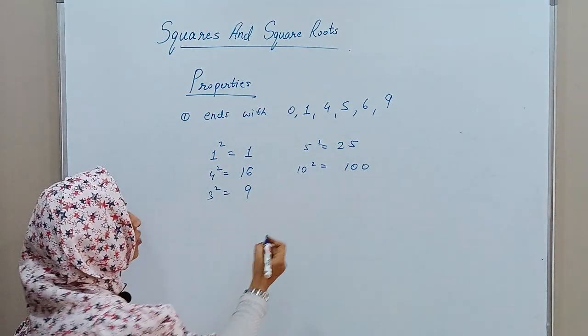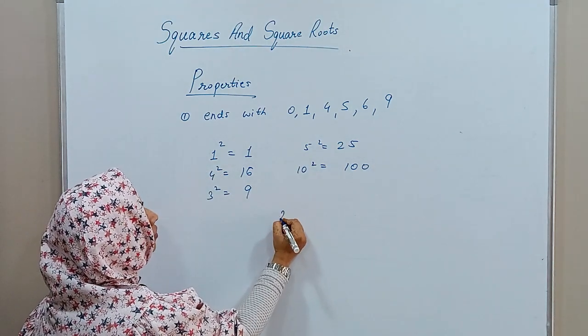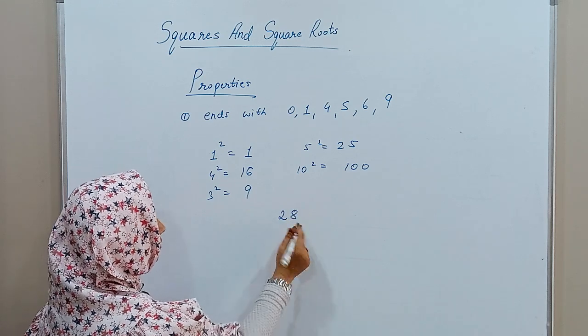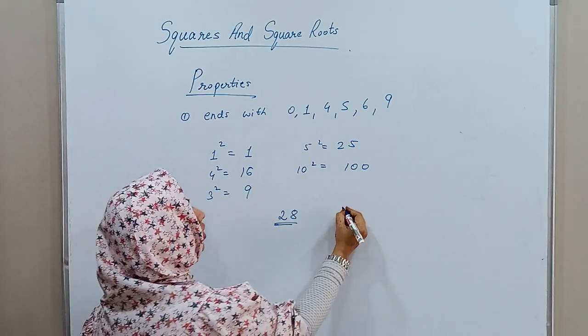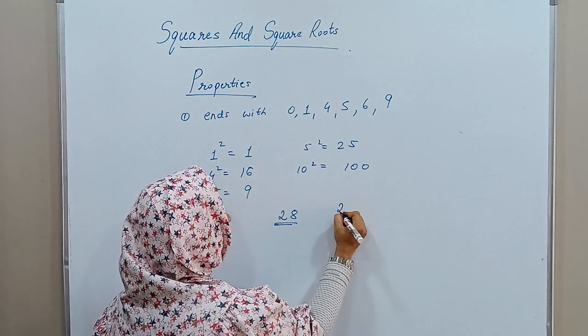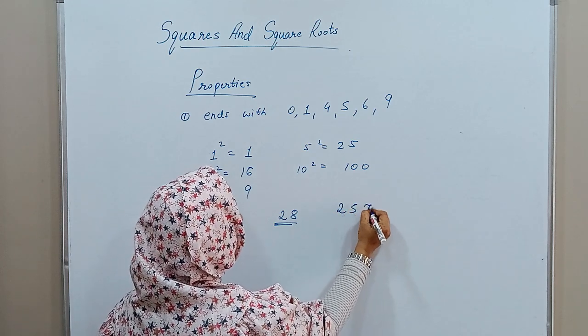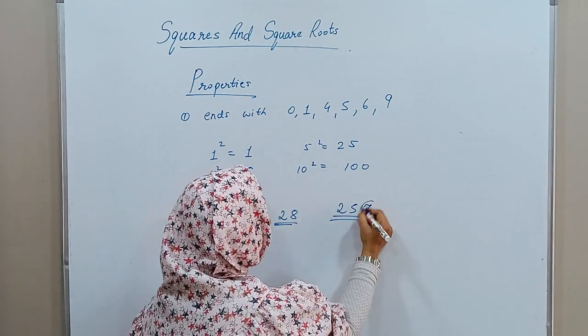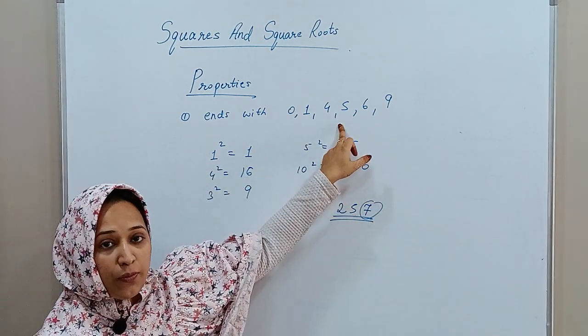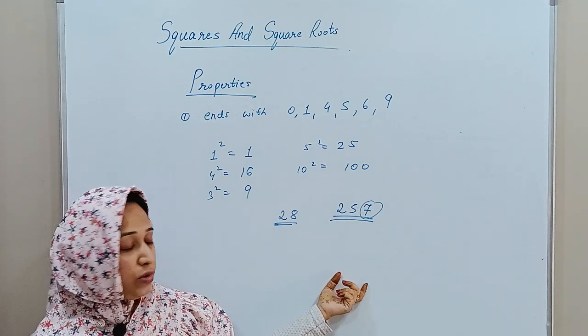There is no perfect square which has 8 at the unit place, so a number like 28 is not a perfect square. If I have the number 257, check the unit place: it is 7, and 7 does not match the property, so 257 is not a perfect square.